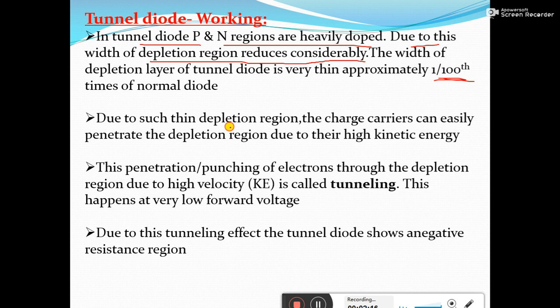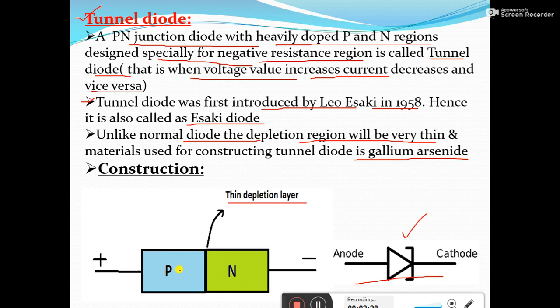Due to such a thin depletion region, the charge carriers can penetrate the depletion region due to their high kinetic energy. Since the regions are heavily doped, there is a very thin layer, and the number of charge carriers, the holes in the P region as well as the electrons in the N region, will be more in number.